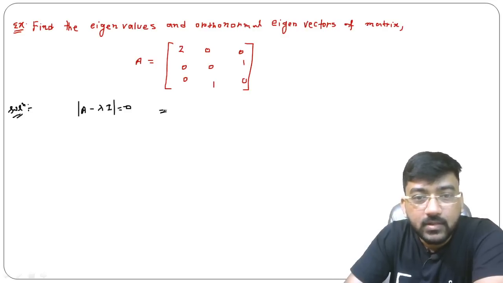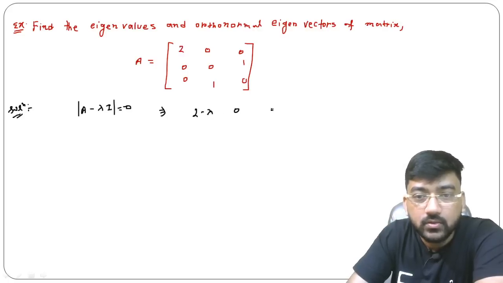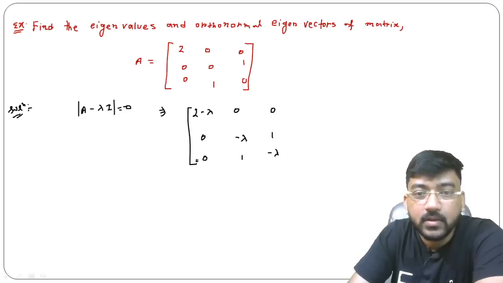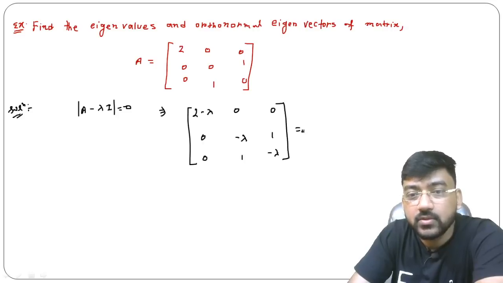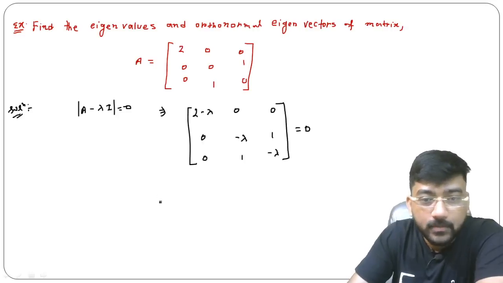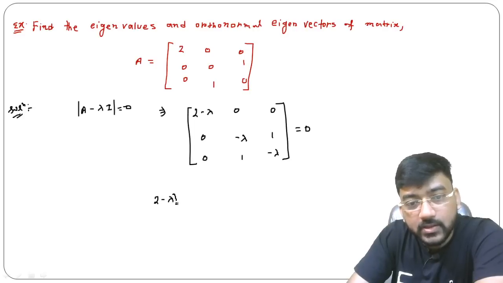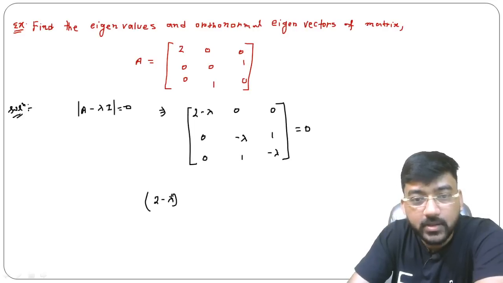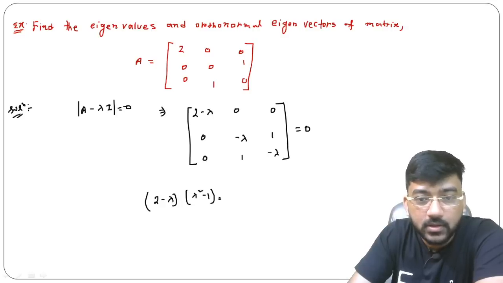So what will this be? It will be the determinant of the matrix with rows (2 minus lambda, 0, 0), (0, minus lambda, 1), (0, 1, minus lambda), and that will be equal to 0. Now if you solve it, you will get (2 minus lambda) into (lambda square minus 1) equal to 0.